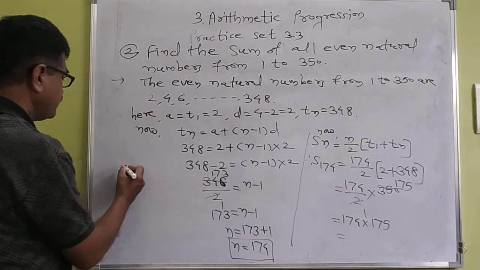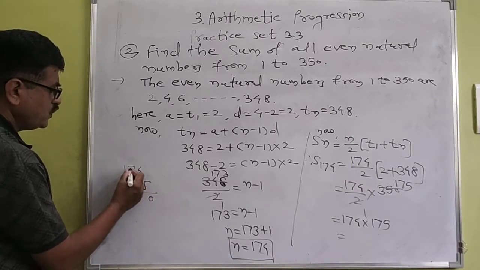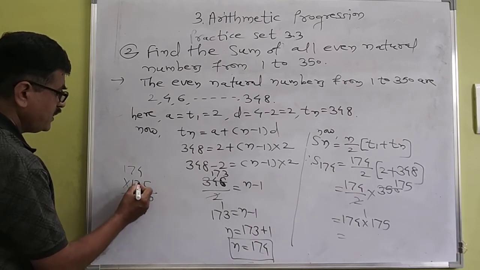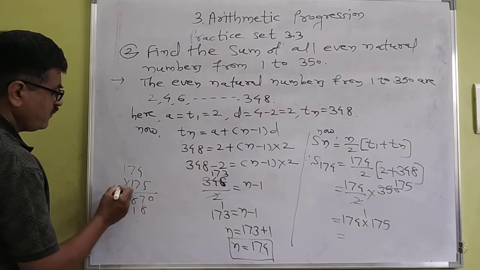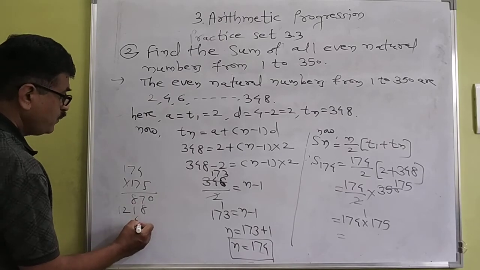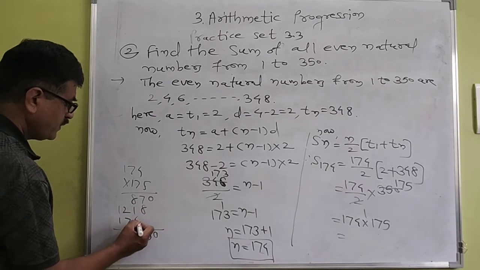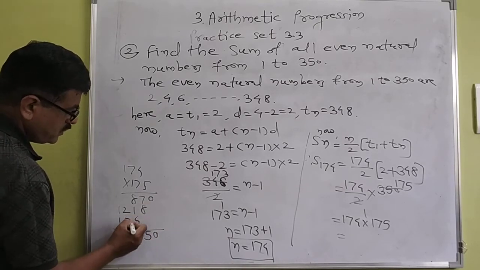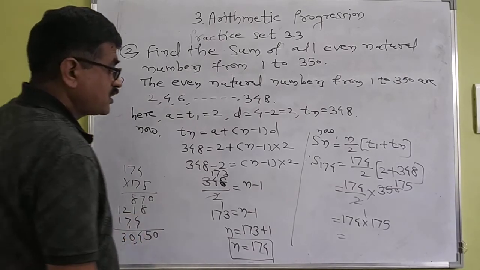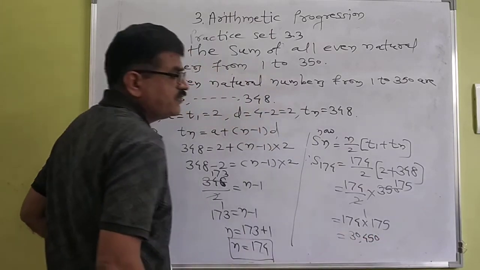Now take its multiplication, 174 into 175. 30,450. This is the answer.